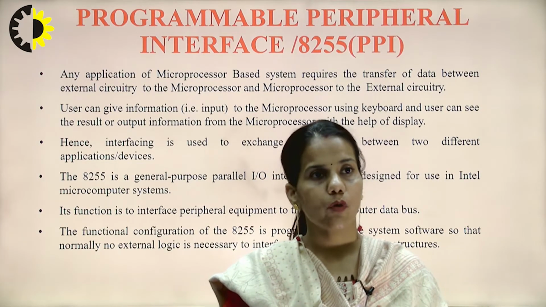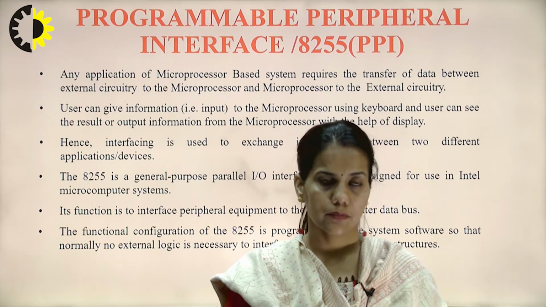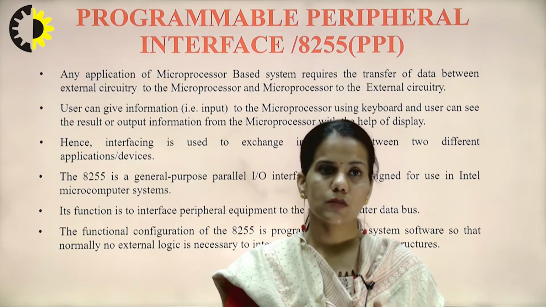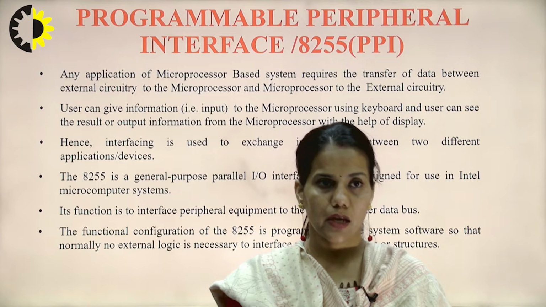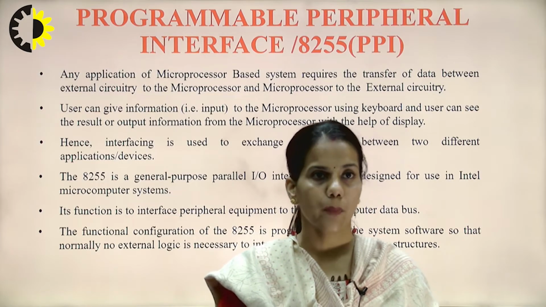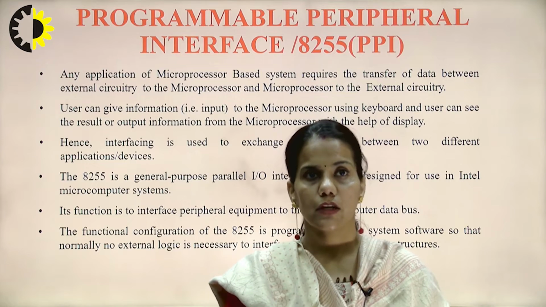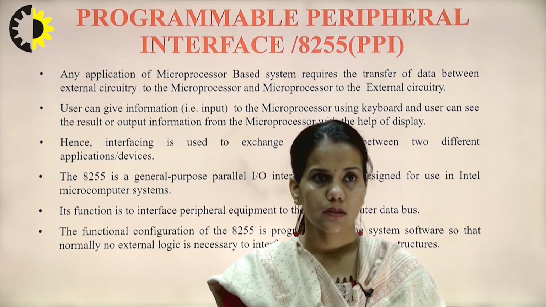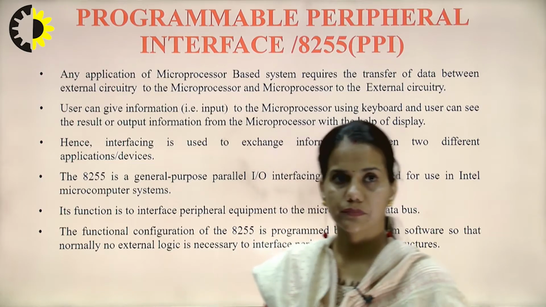Whenever we want to interface any peripheral device with our microprocessor, we have to use this PPI IC. Whether we are interfacing LEDs or switches or keyboard panels or ADCs or DACs, we need this 8255 to interface the microprocessor with the peripheral device.